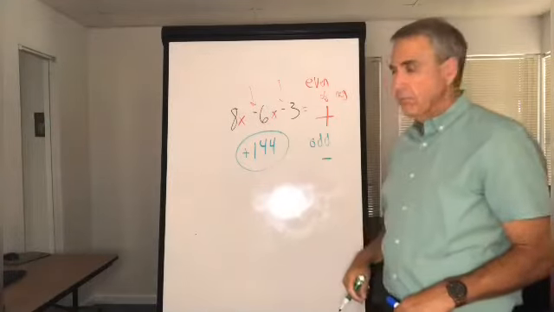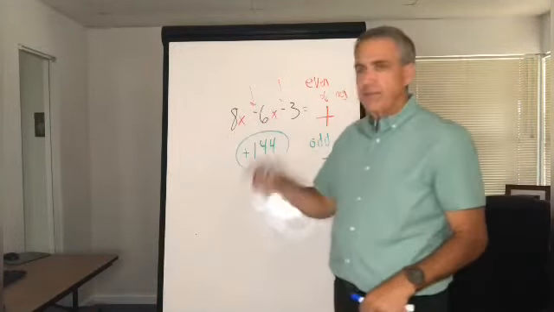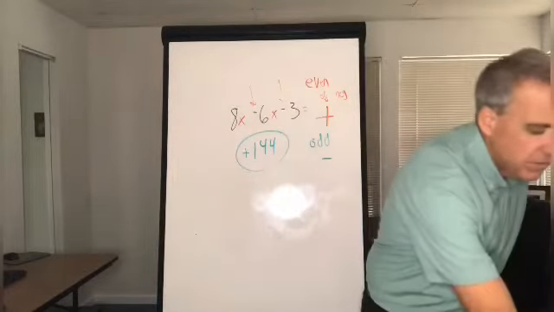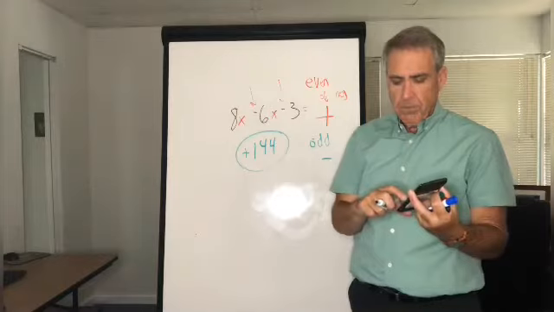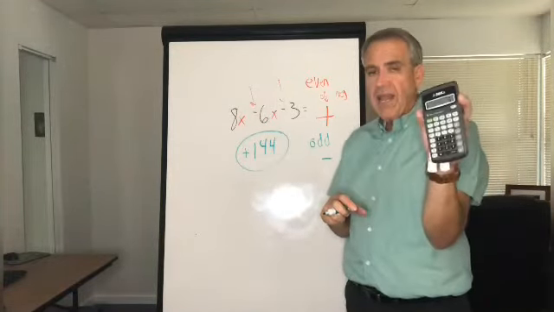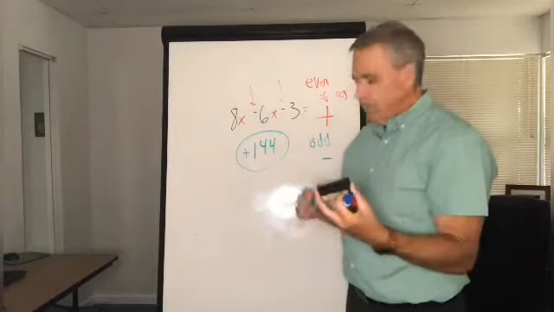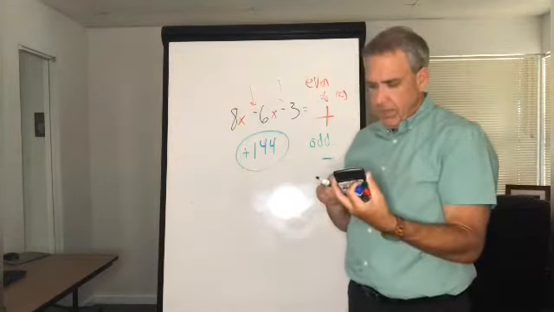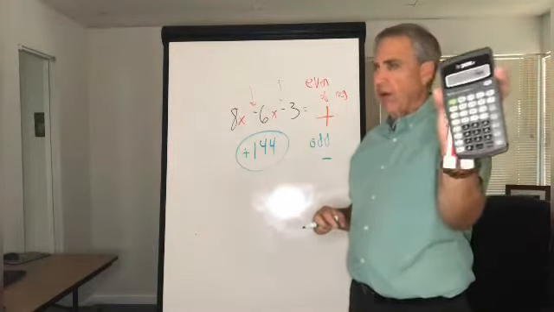If you don't want to do it that way, you could go on your calculator and go 8 times, using the gray buttons, 8 times 6, and go find that negative button. Make sure it says negative 6 times 3, also negative, equals. And it'll come up with a positive 144.